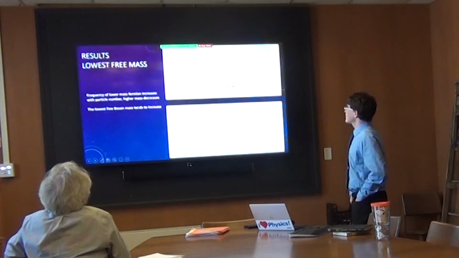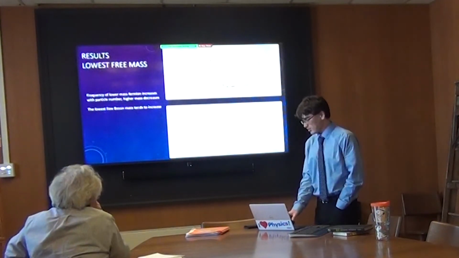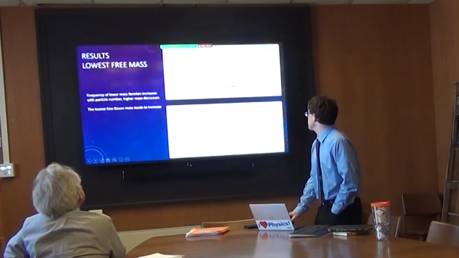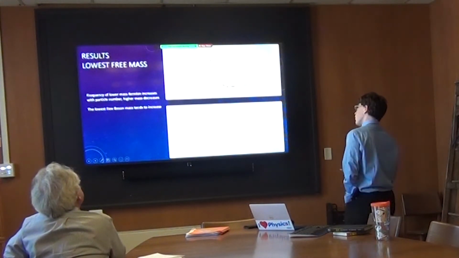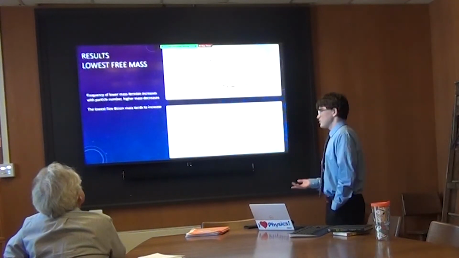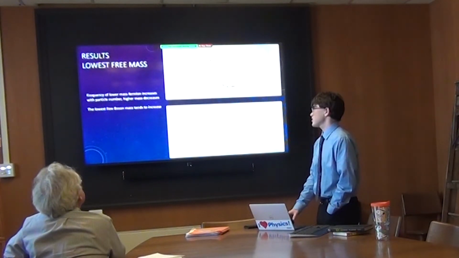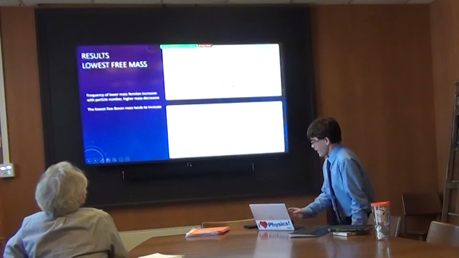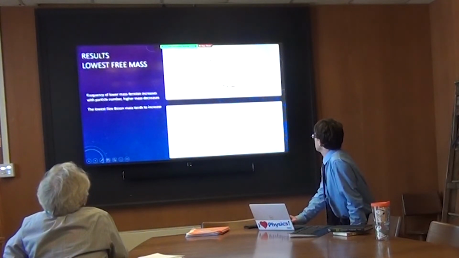Okay. So, for lower particles, the lowest free fermion, initially the frequency tends to be most likely to occur around 10 to the 0 to 10 to the second for the lowest mass. And as you increase the particle numbers, this frequency drop around unity tends to decrease.